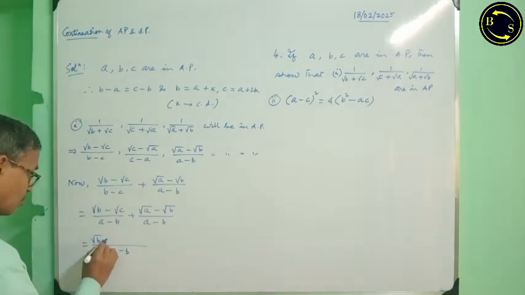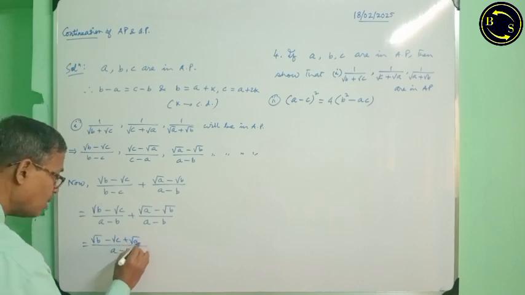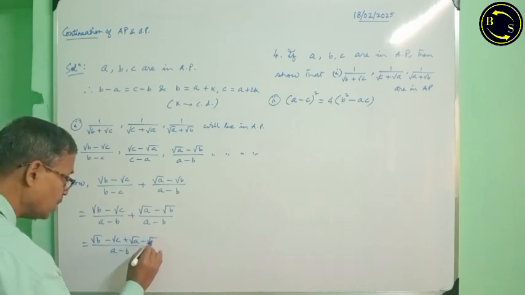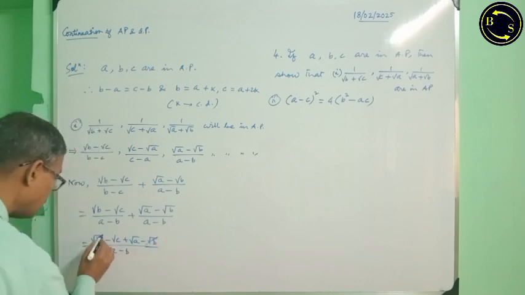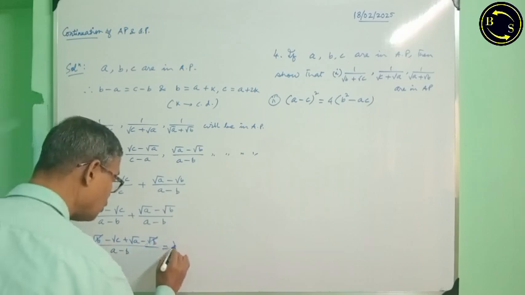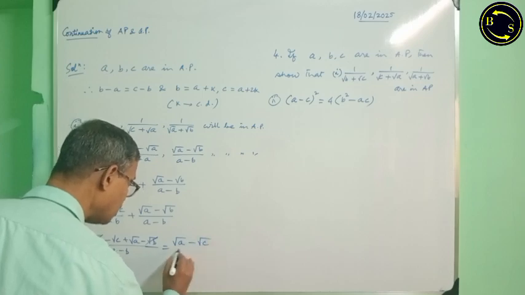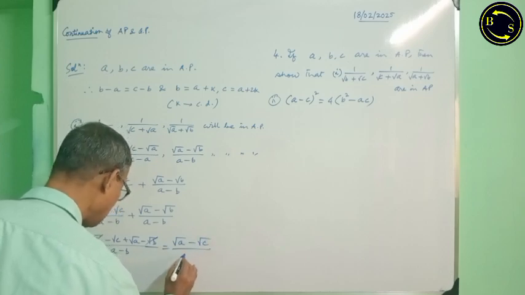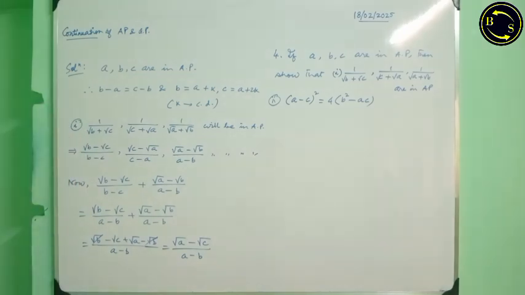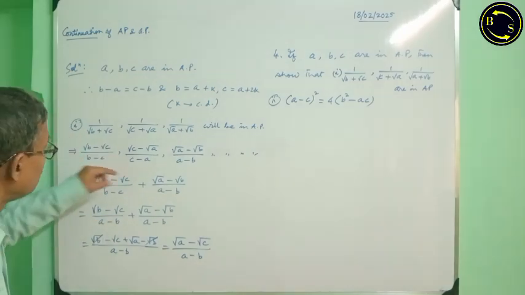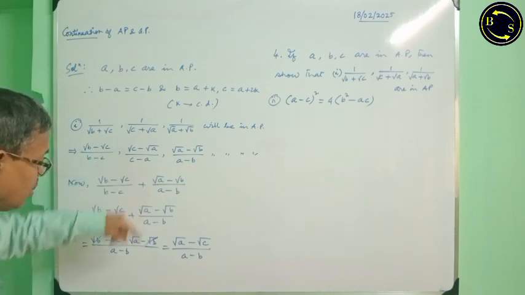Root B minus root C plus root A minus root B, that gives root A minus root C by A minus B. Now we have to show the sum of this is double of this.